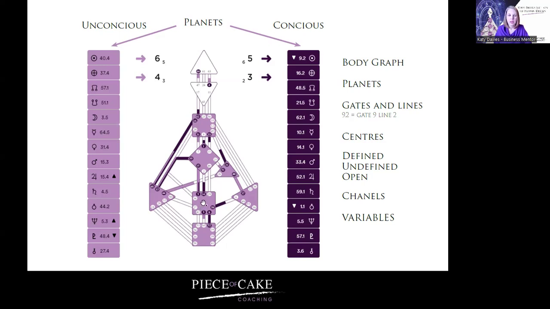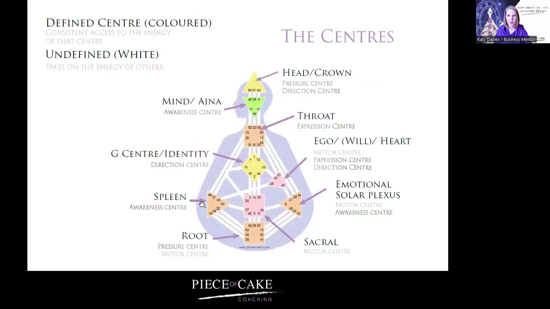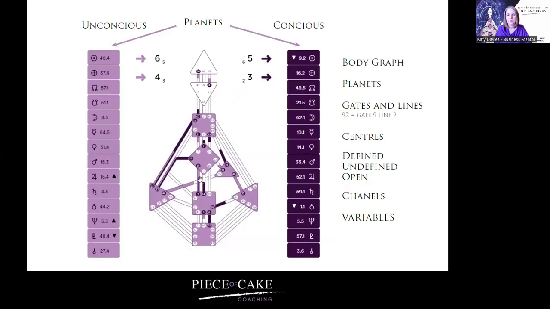So when you are looking at information or you're researching your chart or you're thinking about things, whether a gate is in a certain center, which I am coming on to in a minute, or whether you're looking at it through the lens of the planet, it will have a slightly different meaning. Okay.